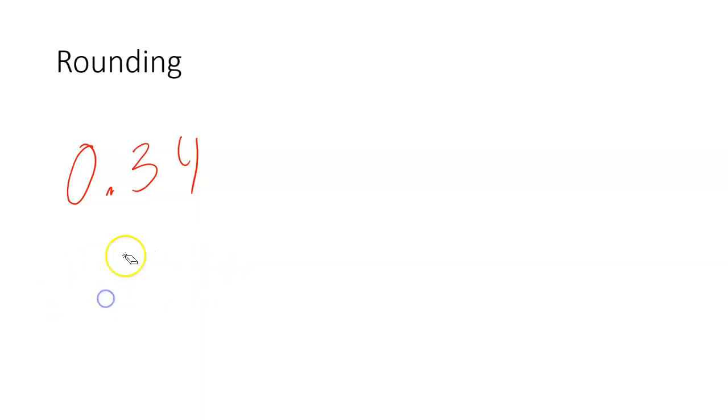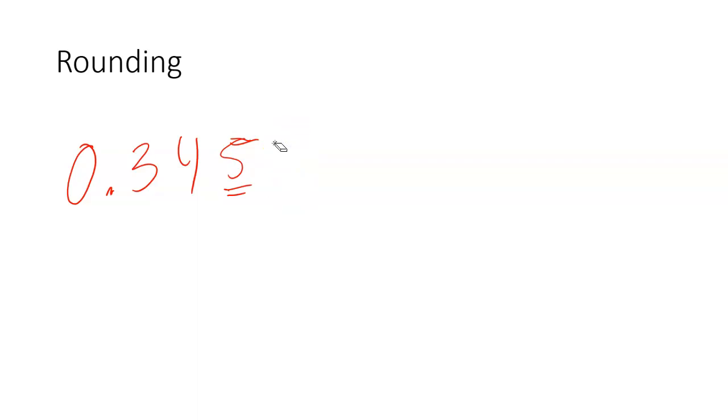What do we do when we have a 5 here? 0.0345, and you want to round that to two significant figures. When you have a 5, an exact 5, after this 5, from the way we see, we either have zeros or we have nothing.